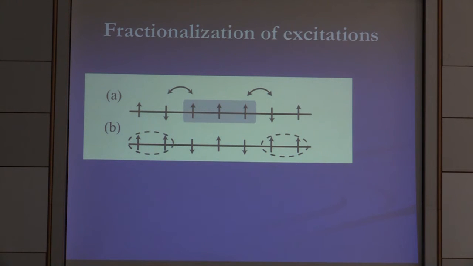In 1D, it doesn't work that way. If I look at this magnon excitation and I flip these two spins and I flip these two spins, you see that this magnon excitation splits into two excitations. So it fractionalizes, it breaks into something which one can prove is only a spin 1/2 excitation. It doesn't seem possible. It's like if I was telling you, I take one electron and I break it in 3.